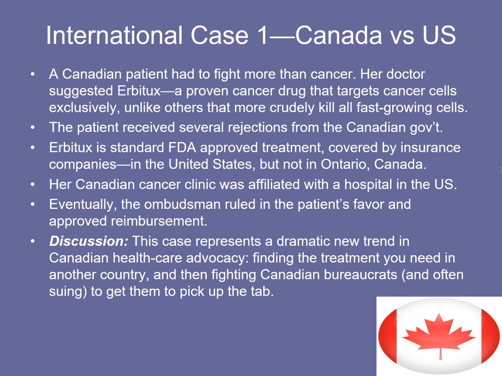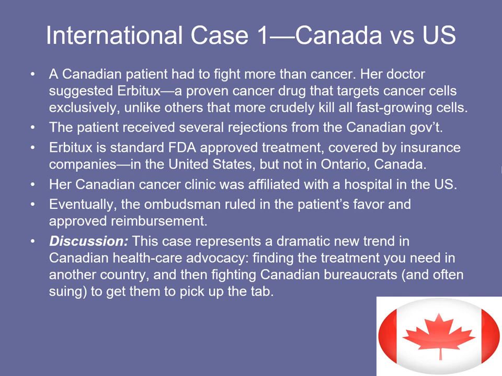However, on further investigation, the patient found out that this particular medication, Erbitux, is a standard FDA-approved treatment in the United States, and found this information out through an affiliate hospital in the United States, in Buffalo, New York. Eventually, an ombudsman ruled in the patient's favor.